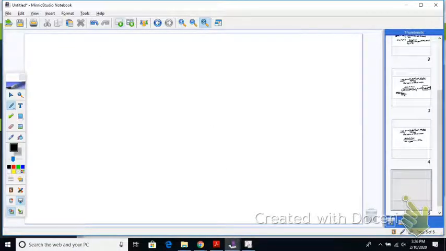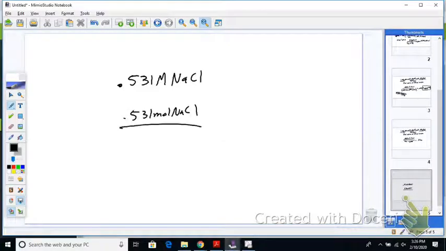Let's say we have a solution that is 0.531 molarity of NaCl. That would be 0.531 moles of NaCl over a liter of solution. Let's say the solvent is water.